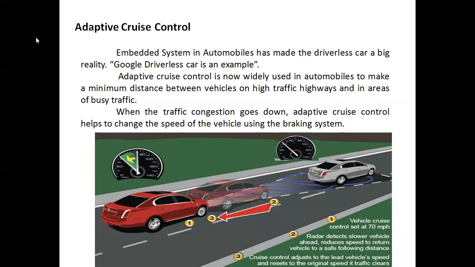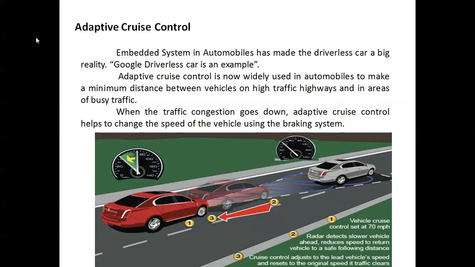When the vehicle goes through traffic, adaptive cruise control maintains the distance between vehicles on a high traffic highway. When traffic congestion goes down, adaptive cruise control helps to change the speed of the vehicle using the braking system.